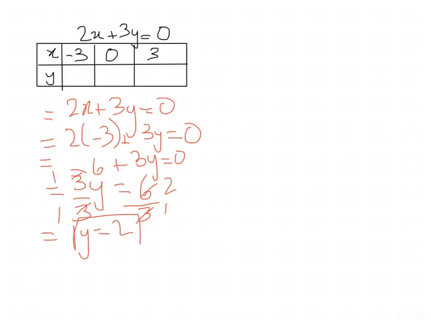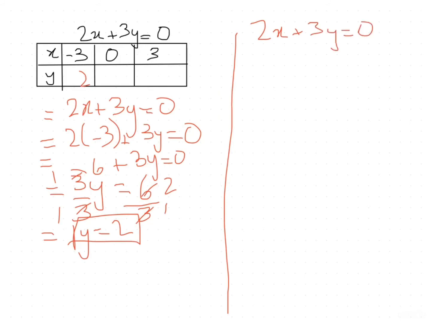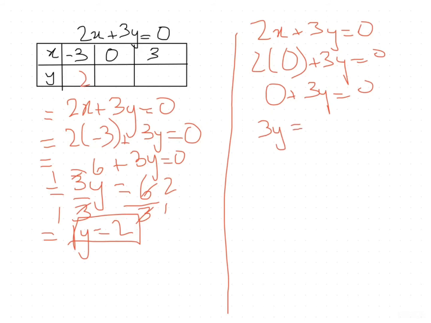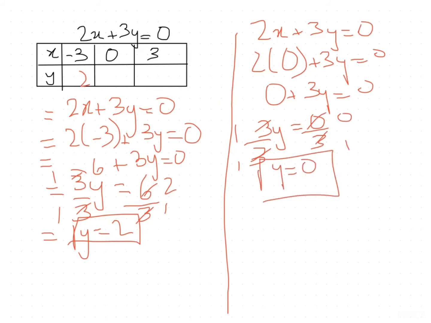So that's 2. Now move towards our second value of x, that's 0. 2x plus 3y equals 0. 2 times 0 plus 3y equals 0, so 3y equals 0. Simplifying it, y equals 0 when x equals 0.